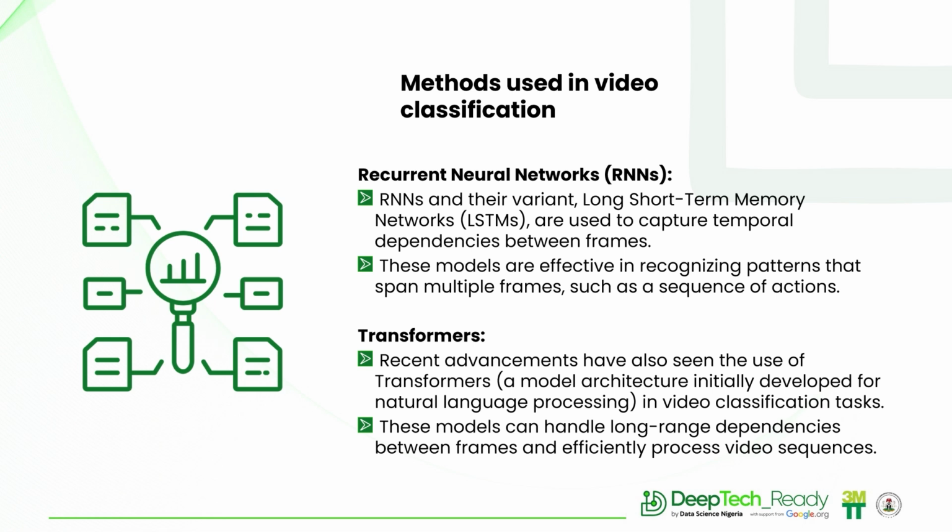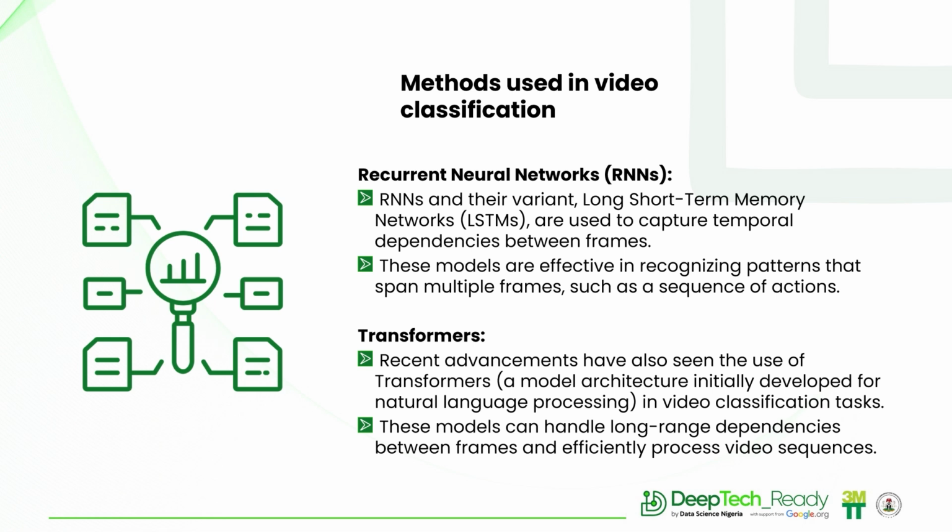Then we also have the transformers, which is one of the generative models. We talked about GANs, but we didn't talk about GPTs, transformers, attention. These are things that you might want to check out. Recent advancements have seen the use of transformers, a model architecture initially developed for natural language processing, become very applicable in video classification.